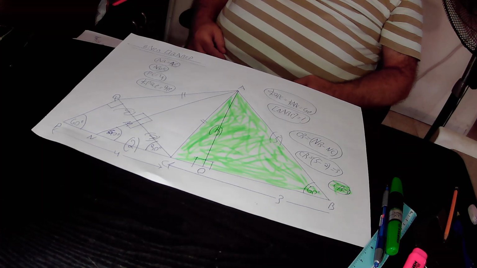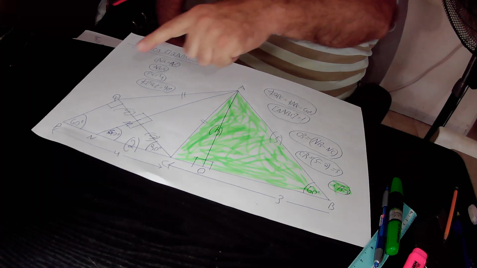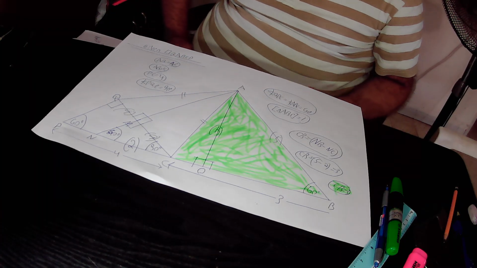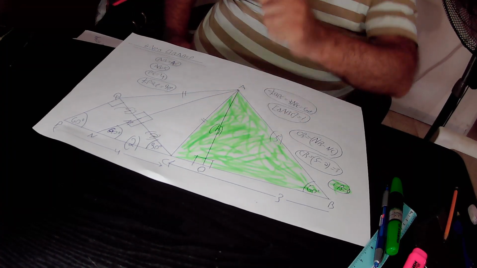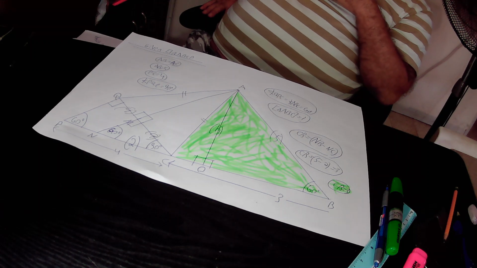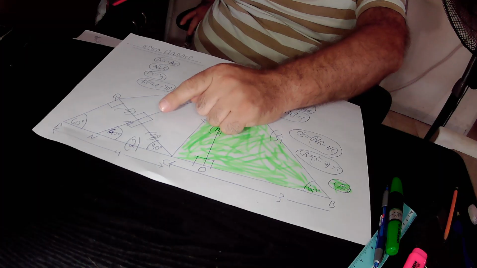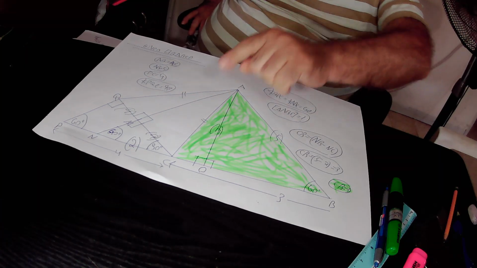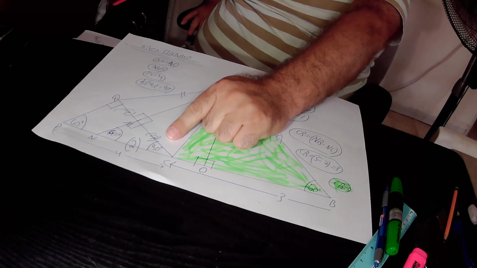So actually it is very easy to see that the big right triangle QPC is similar to the small right triangle MNC according to the angle similarity rule. I'll explain anyway why. First of all, this is angle C, which equals 30 degrees in size.